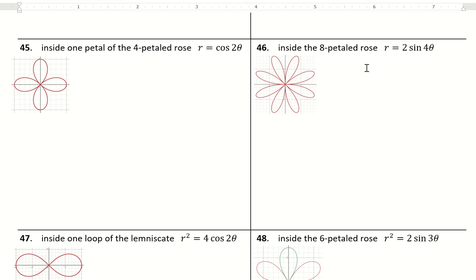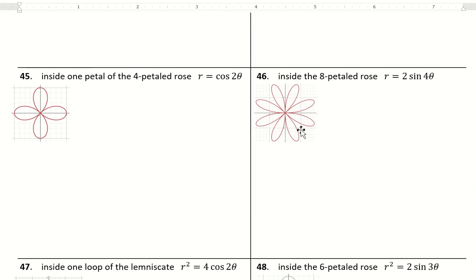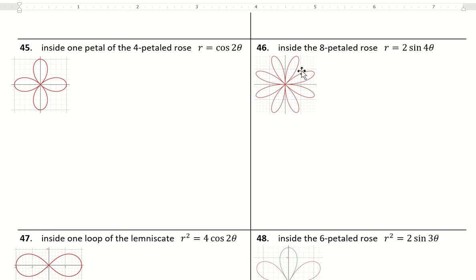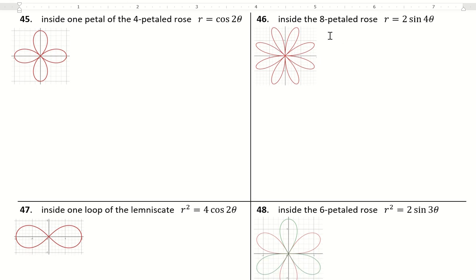Inside the 8-petaled rose. Once again, do you just want to go from 0 to 2 pi? Well, I guess you probably want to, because it's the entire 8-petaled rose.